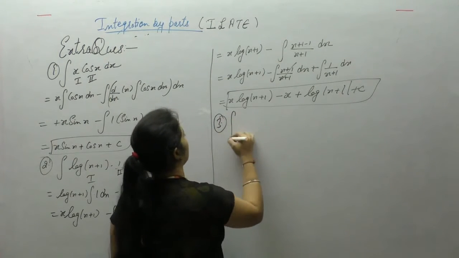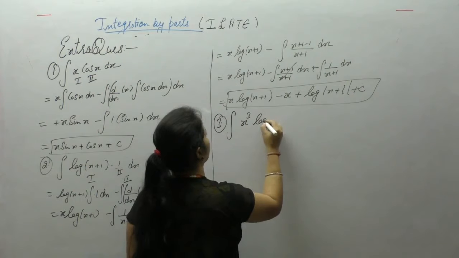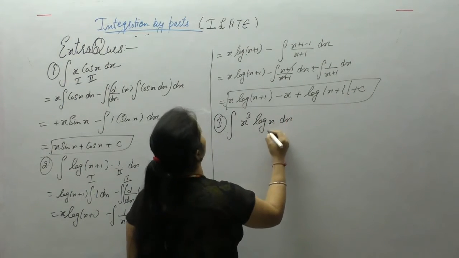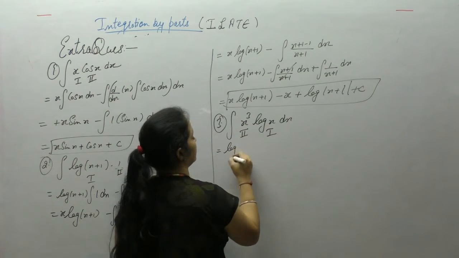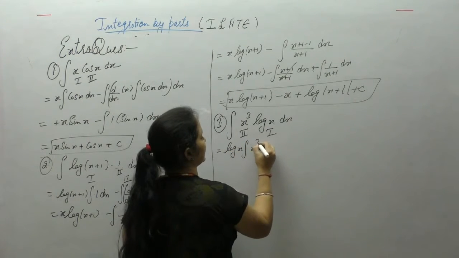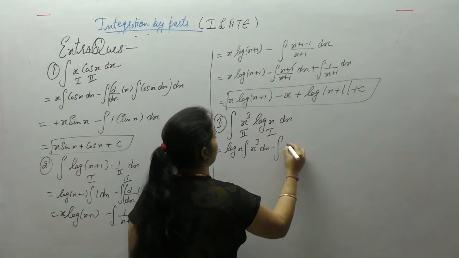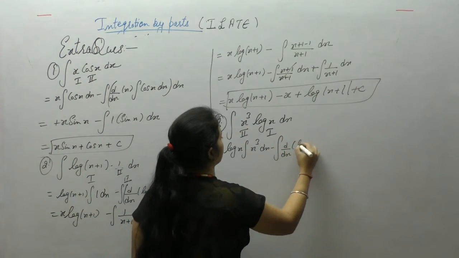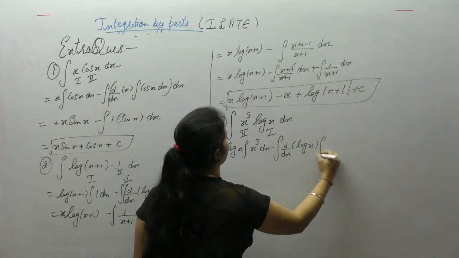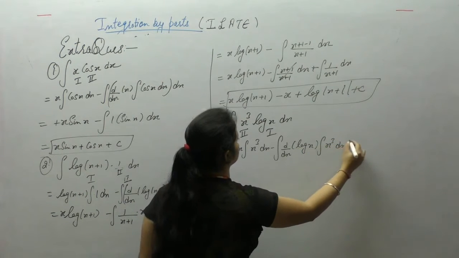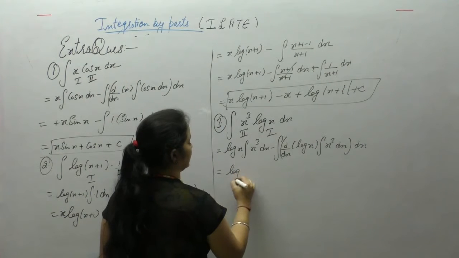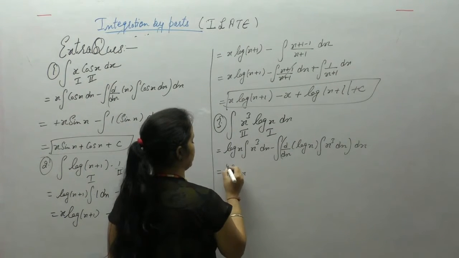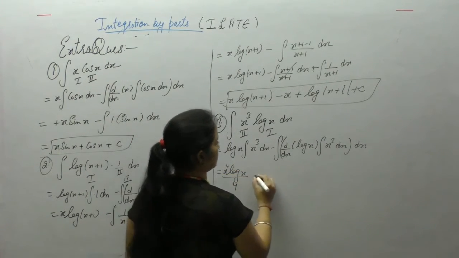Next is integral of x cube log of x. Logarithmic as first and algebraic as second. First, integral of second, integral of derivative of first, integral of second. Integral of x cube is x4 upon 4.